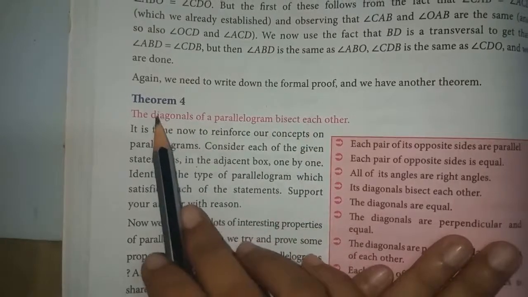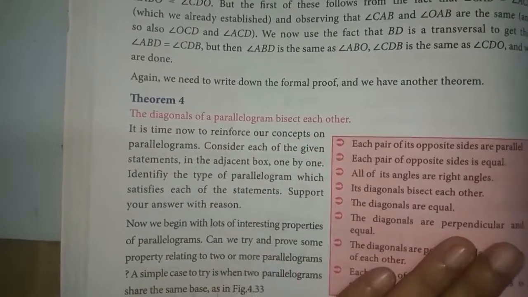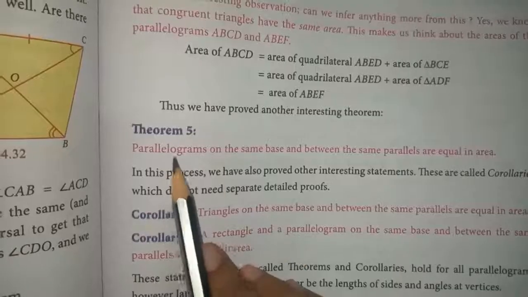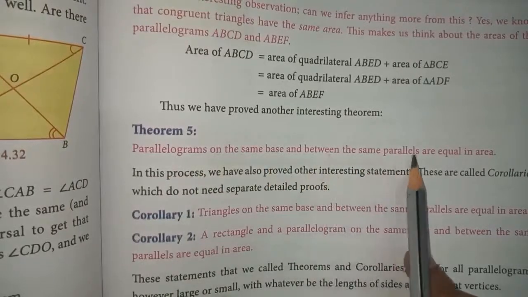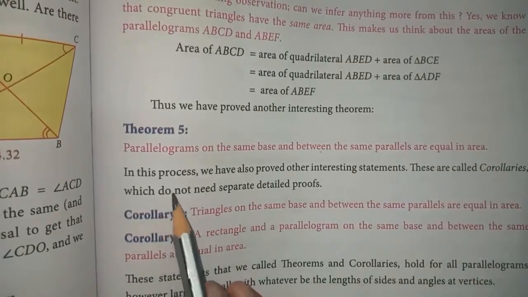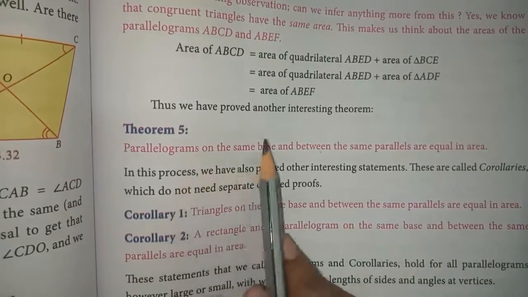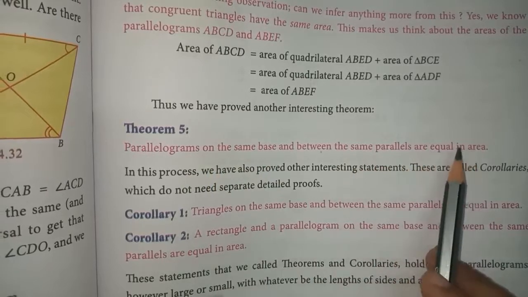It is obvious. Theorem 5, parallelograms on the same base and between the same parallels are equal in area.